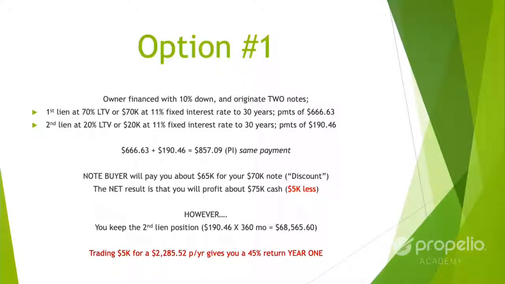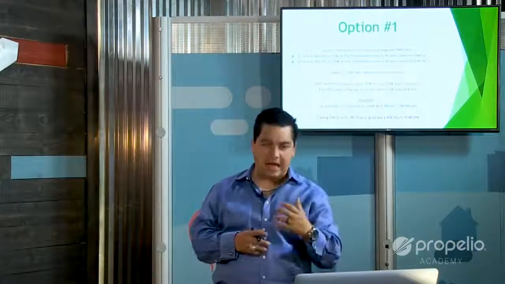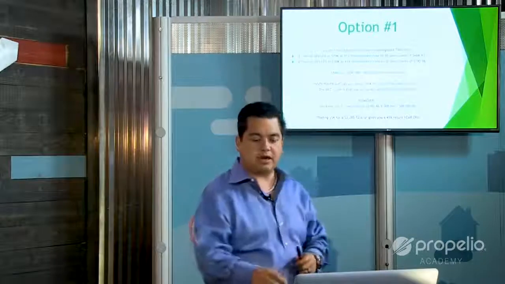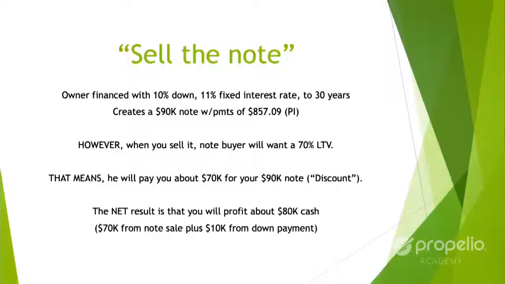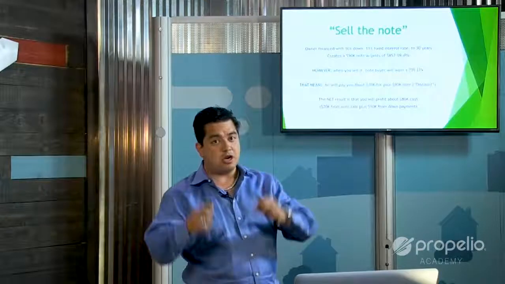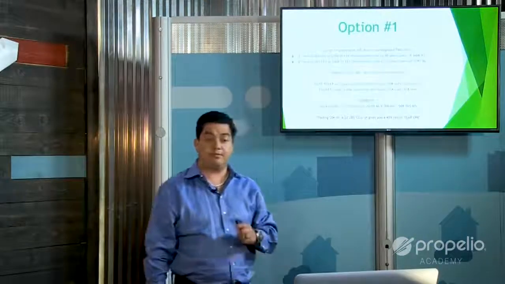Now you will notice that in this option, you are getting $5,000 less than you would have if you had sold the entire note out. If you remember, you would be pocketing about $80,000 cash. So the question is, is a potential non-gain of $5,000 worth it for me?